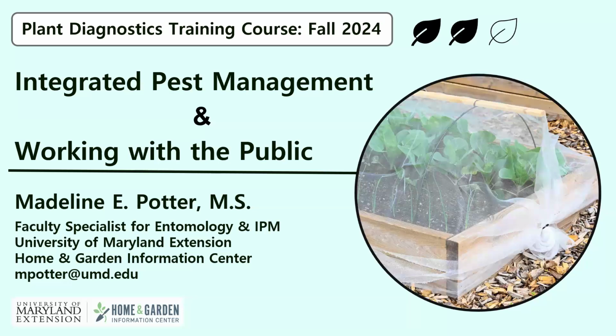So today's topic is going to be about integrated pest management, and I'm going to tie in some tips and tricks and information on how this relates to working with the public, as many of us are University of Maryland Extension Master Gardener volunteers. And I would argue all of us in some way are science communicators, whether it is speaking to friends and family members about their garden or about pollinators or about managing pests with our indoor or outdoor plants.